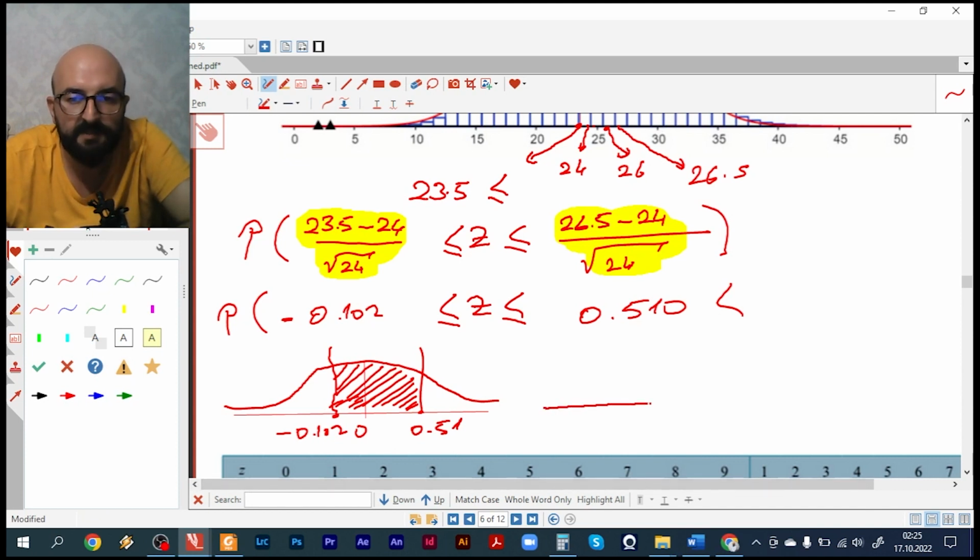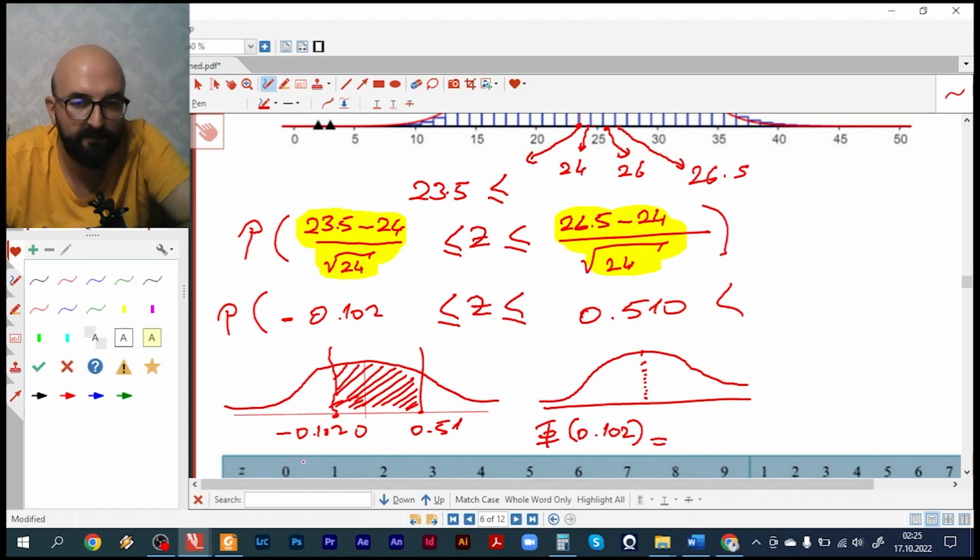And please remember that when you look at the Z table, it means when you look at the phi of negative 0.102, every time you can figure out the big area.